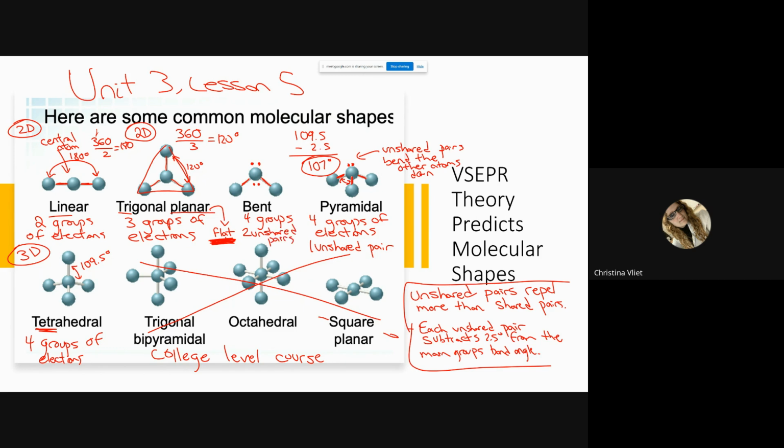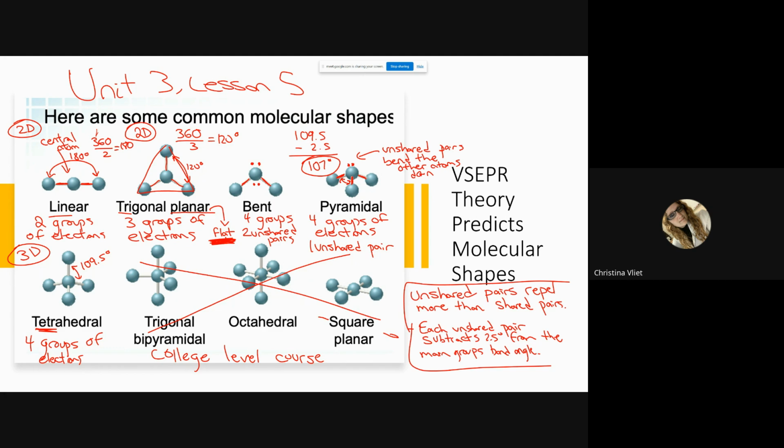So what happens in a bent molecule is if 2 of the atoms in a tetrahedral are instead replaced with electrons, you get this shape. What does this look like? It's bent down, right? The 2 hydrogen atoms are bent down. And so that gives us this shape of bent. It's basically replacing 2 of the atoms with pairs of electrons.